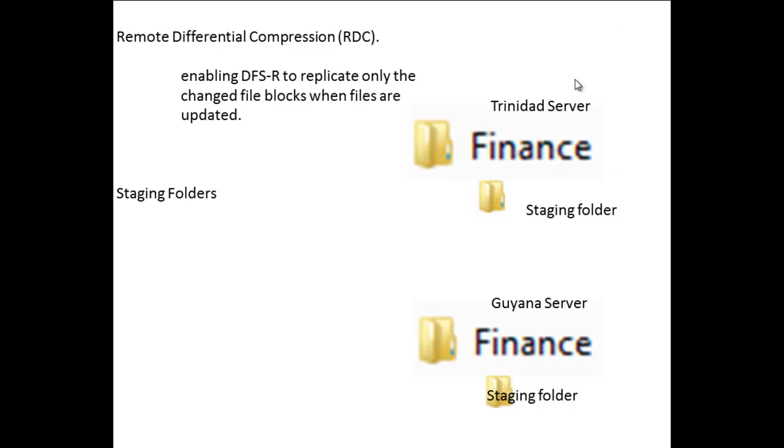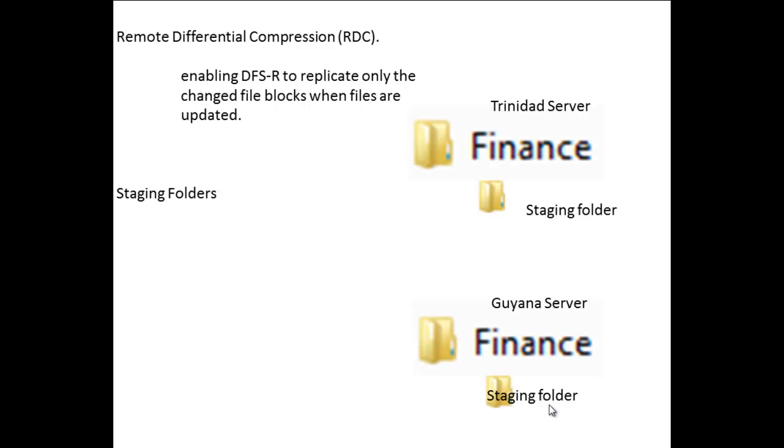So when changes are made to a particular file, those changes do not go directly to the Guyana server. First of all, they go to the staging folder on that server. If you have remote differential compression turned on, only the changes that were made on that file will leave that staging folder and go to the Guyana server in the staging folder.